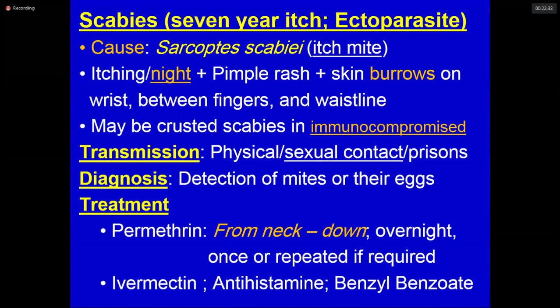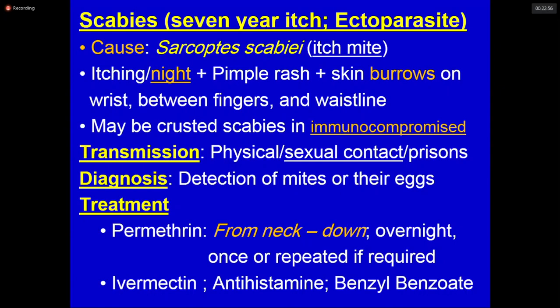We come to Sarcoptes scabiei, scabies, which is called the 7-year itch, which is an ectoparasite. And we have tackled this disease and this parasite previously with the MSS, you remember, in relation to the MSS.